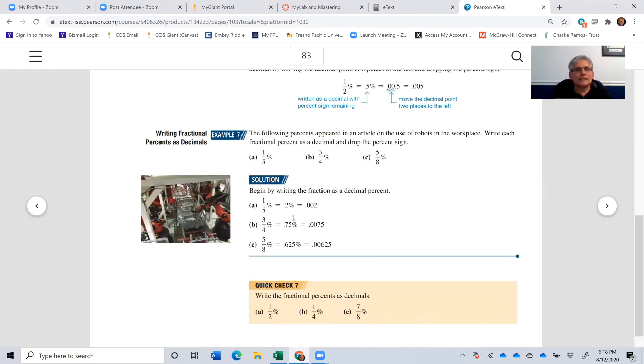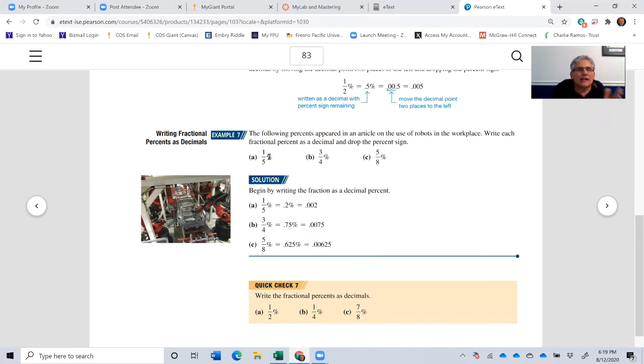Okay, where it gets a little trickier, not a ton, a little trickier. We have a fraction that's a percent. In other words, it's not even 1%, it's 1/5 of a percent. So we have to remember that 1/5 of a percent is less than 1, or 3/4 of a percent, or 5/8 of a percent.